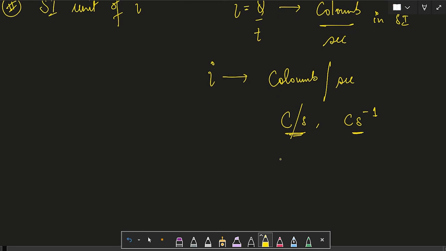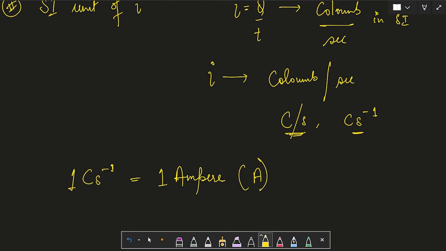Okay, moving on, we will just mention a few things. 1 coulomb per second is defined by a new unit, and that is called 1 ampere, and it is denoted by capital A. And the interesting fact in this matter is this part here.